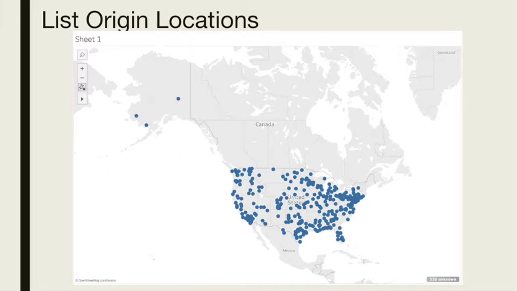So as you can see here, there's a pretty good spread throughout the United States, although the Midwest is pretty sparse, with the East Coast, New York and New England area being the most popular. And there are only 3 locations in Alaska, so that is not a very popular location. And mind you, this only looks at the United States and not Canada as well, so that also impacts the graph.